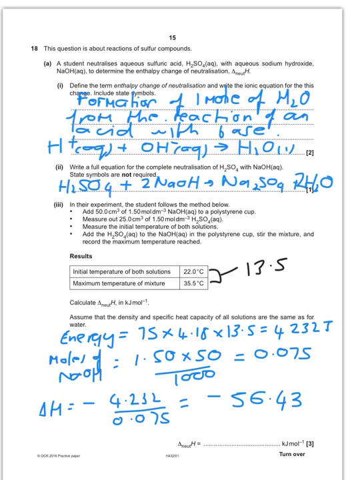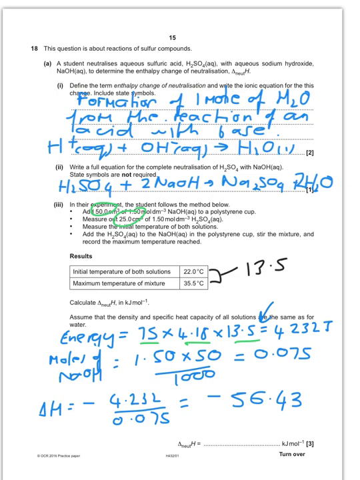And then we're going to work out our enthalpy of neutralization for this reaction. So work out your energy produced, which is going to be your mass of water, which is 50 plus 25, times specific heat capacity times temperature change. Then you work out your moles of sodium hydroxide. Why have I chosen moles of sodium hydroxide?